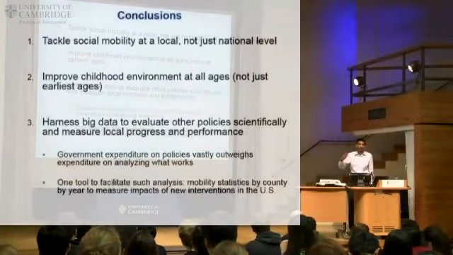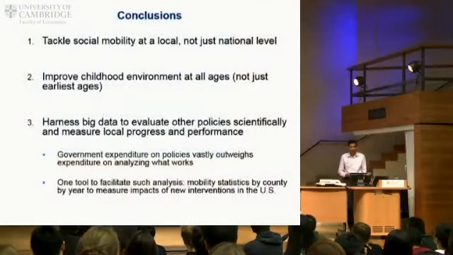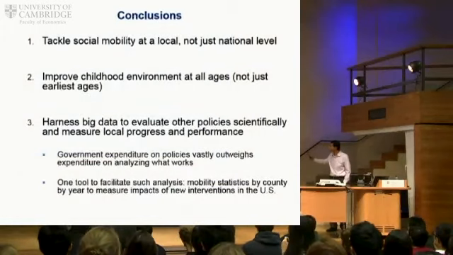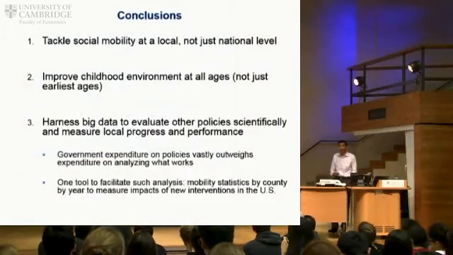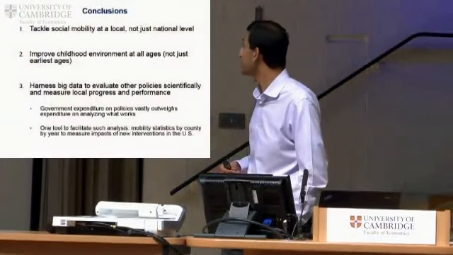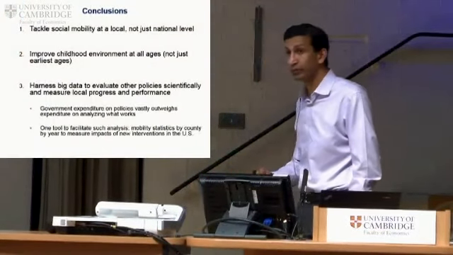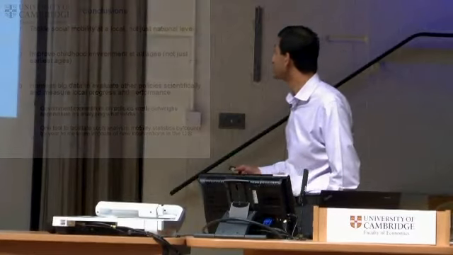And so really, I think the broadest lesson, the more important lesson here in some ways, is that it's extremely important to evaluate other policies scientifically using the types of tools I've been talking about here to measure local progress and performance.